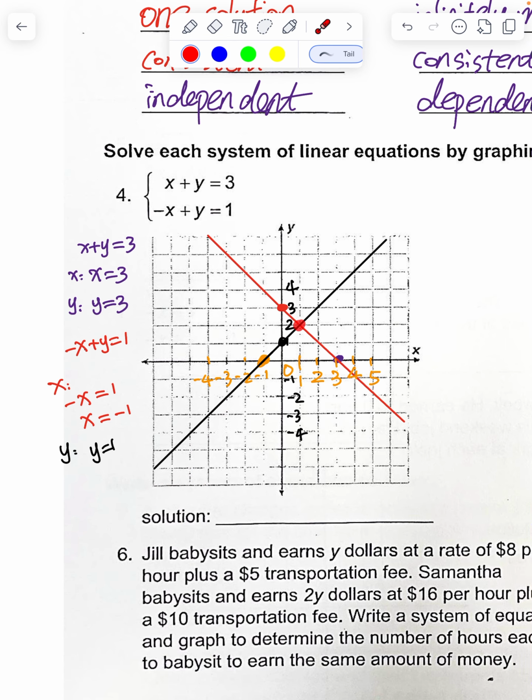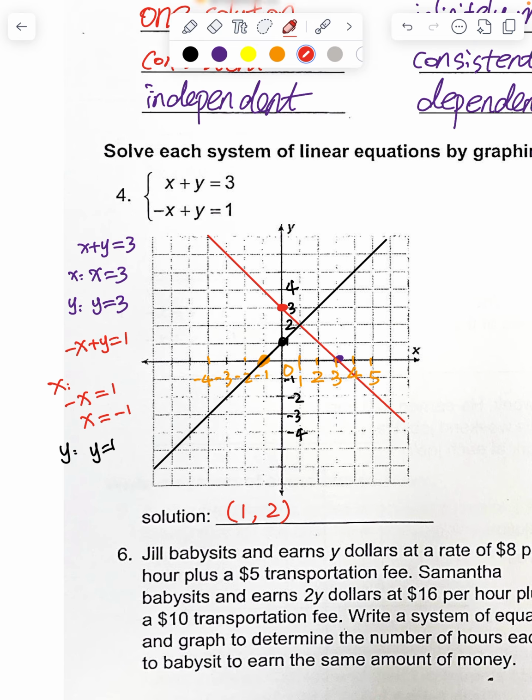Let's go check. This point's x coordinate is 1. The y coordinate is 2, right? So from this point, you go to the x-axis, it's 1. You go to the y-axis, this is 2. So the solution is (1, 2).